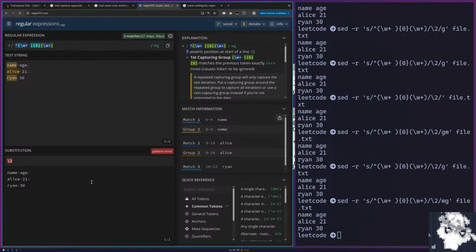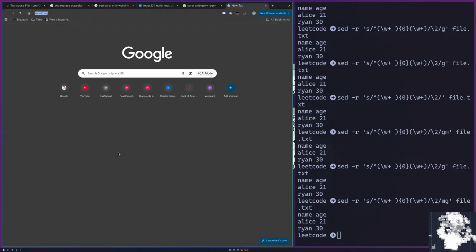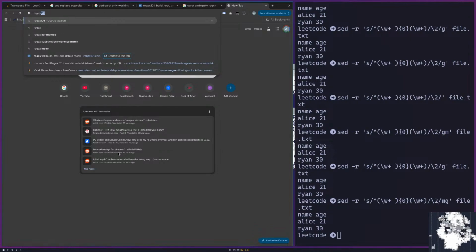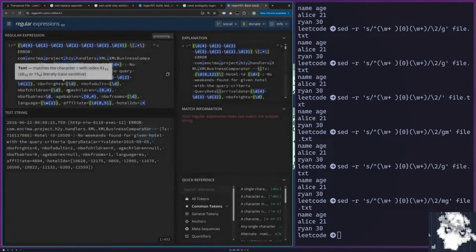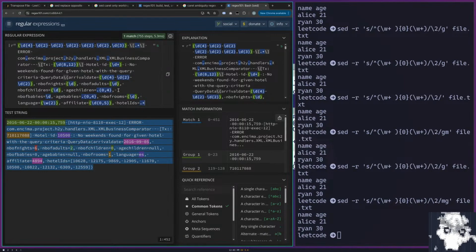Is there a regex 101 that will preview for sed? Regex 101 sed. There we go. No, this is just a random regex.